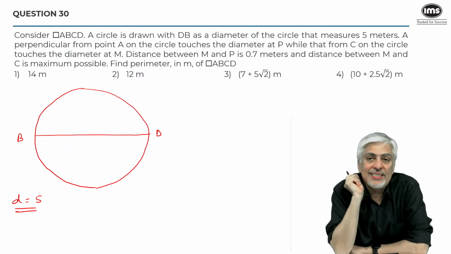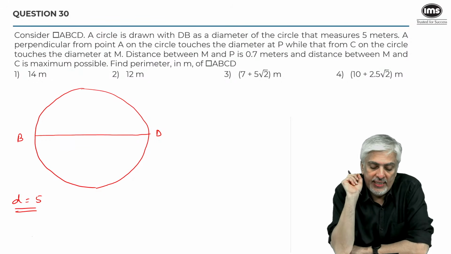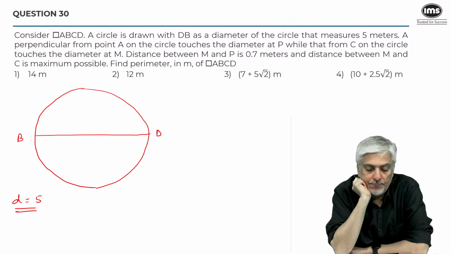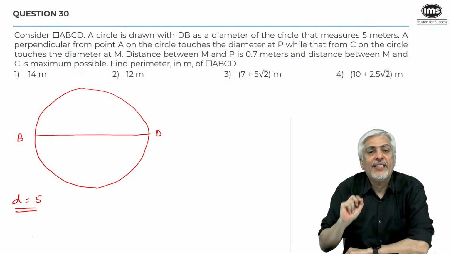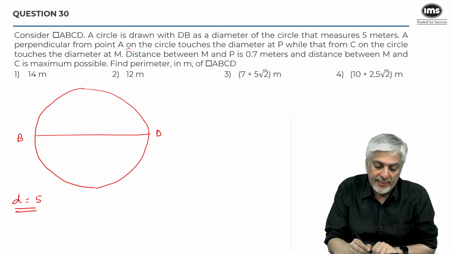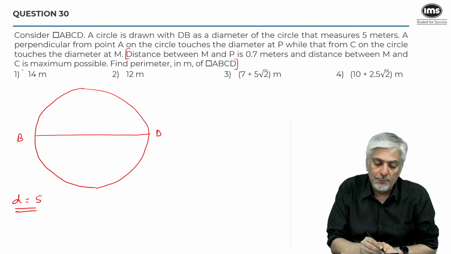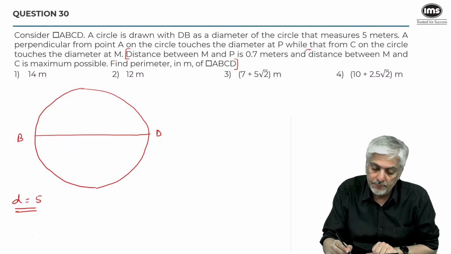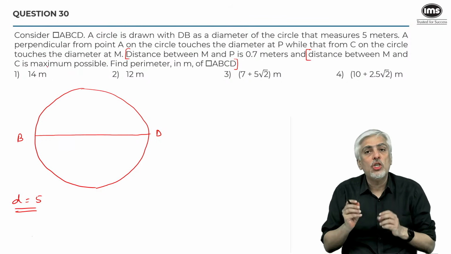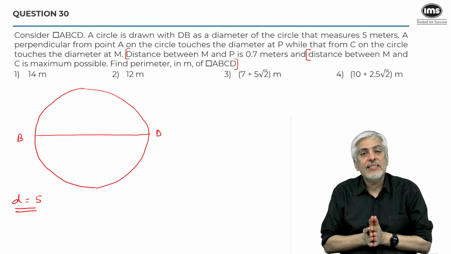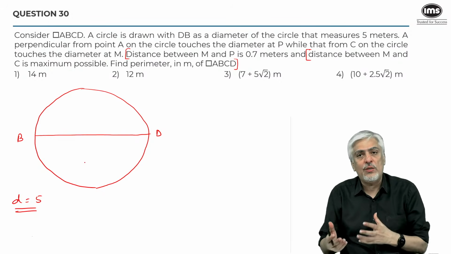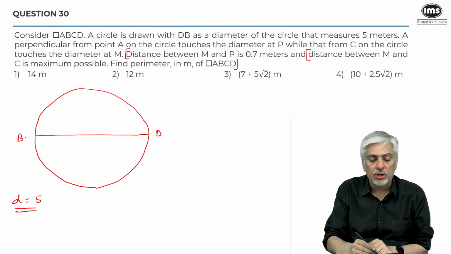Now, what do you mean by the distance between M and C being maximum possible? Where will C be? Pay attention, this was the main thing. That means it will be an isosceles triangle. It can't be an equilateral triangle if I put M anywhere on the arc.